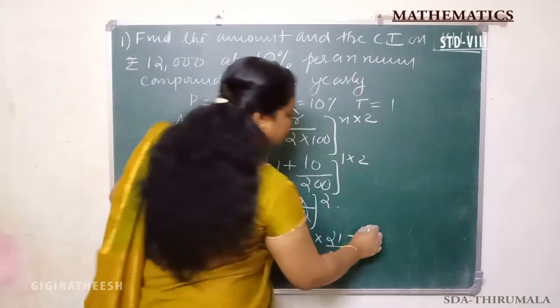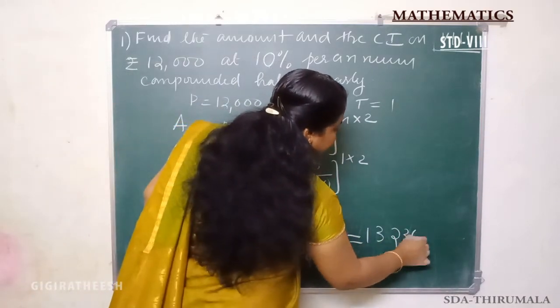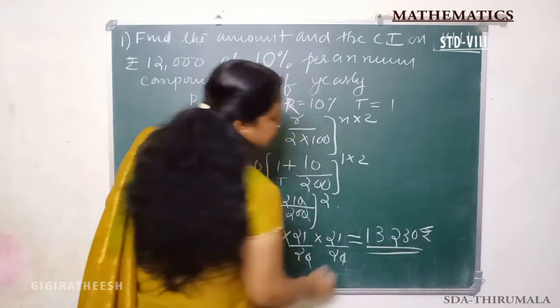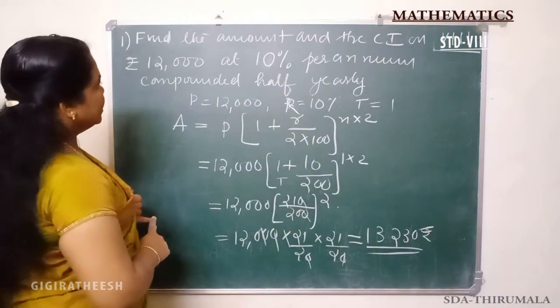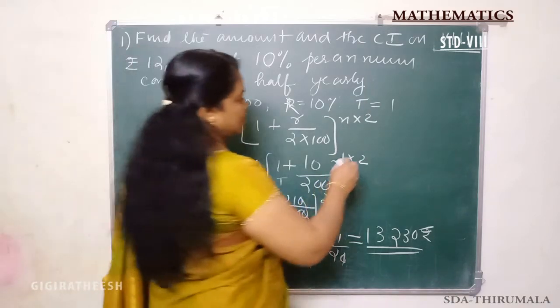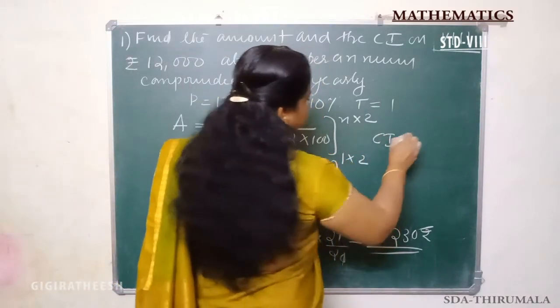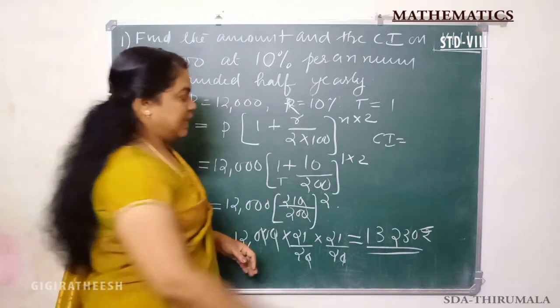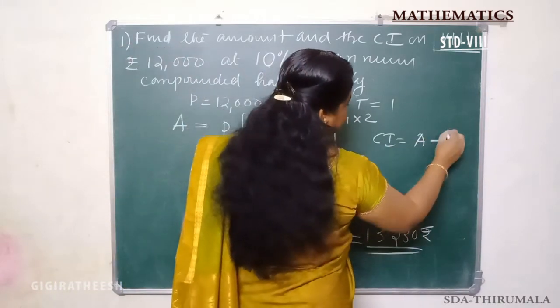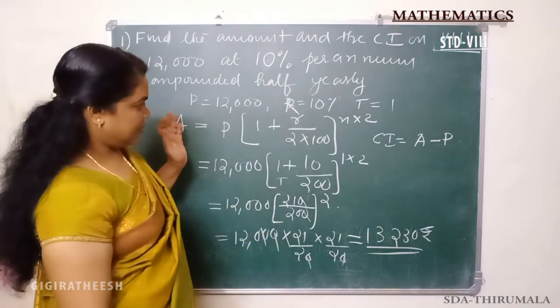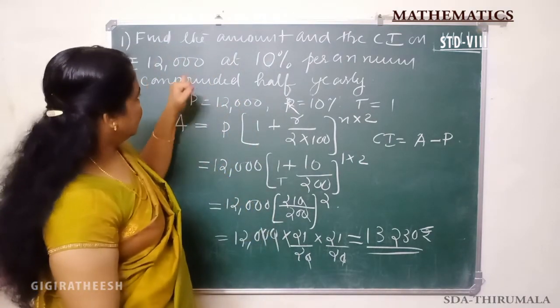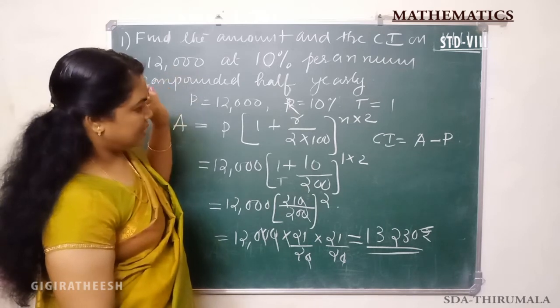That is 13,230 rupees. Now find the compound interest. Compound interest is equal to A minus P. That is the formula.